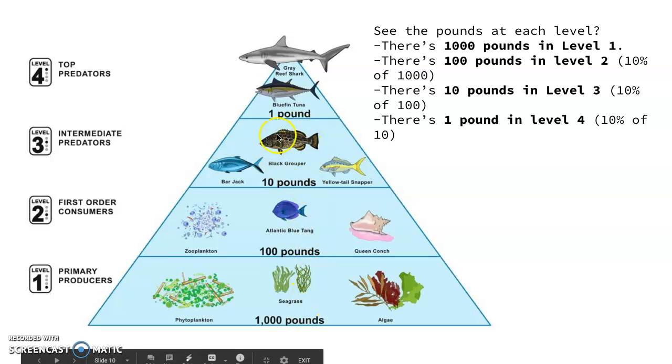Then organisms that can eat the primary consumers or possibly even the producers, there's going to be the next amount of organisms available in this intermediate level, level 3. And then your very, very top predators, your ecosystems can support only a few of them. There's not going to be a ton of them in the world.